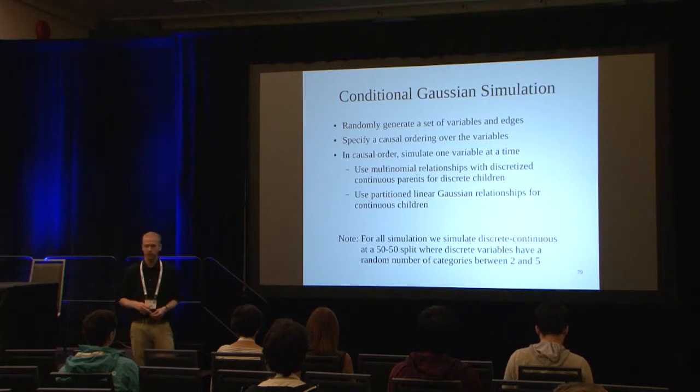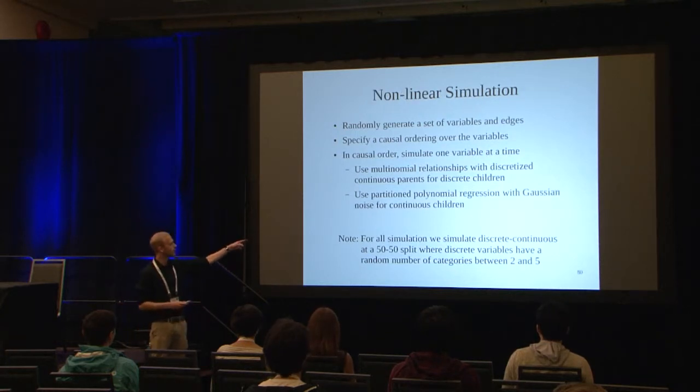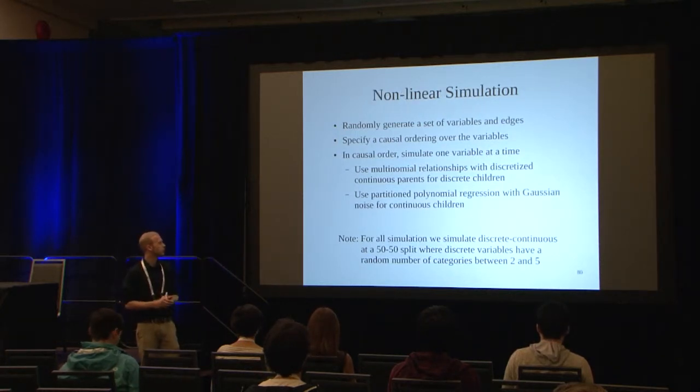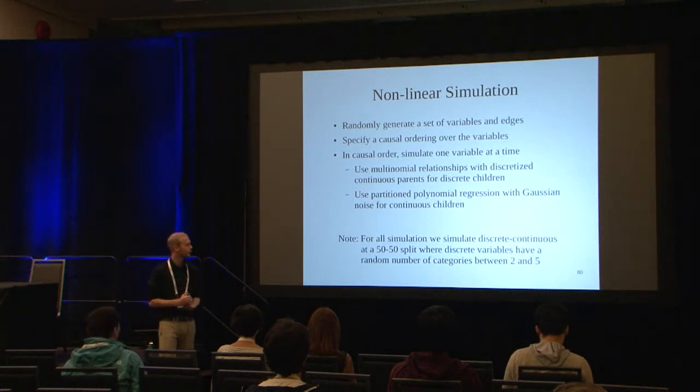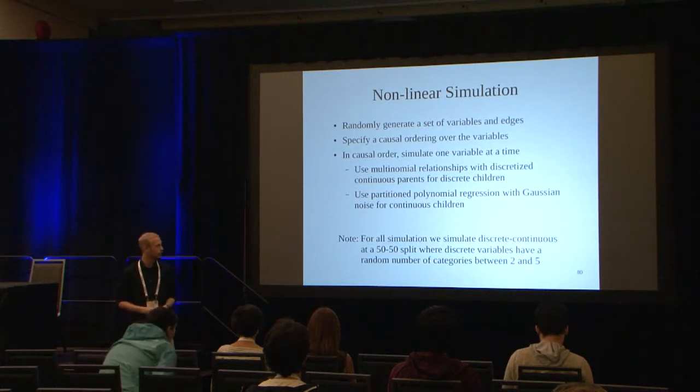Now, since MVP can handle nonlinear data, we also wanted to simulate some nonlinear data. So what we did was we changed the second step here to use partitioned polynomial regression with additive Gaussian noise.